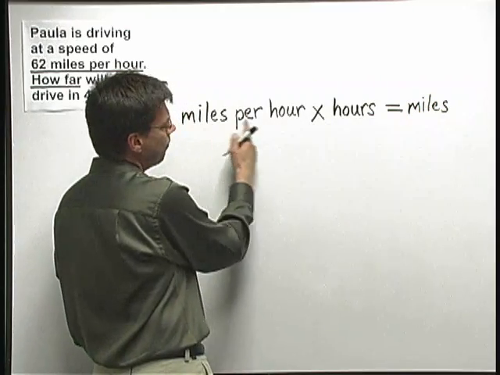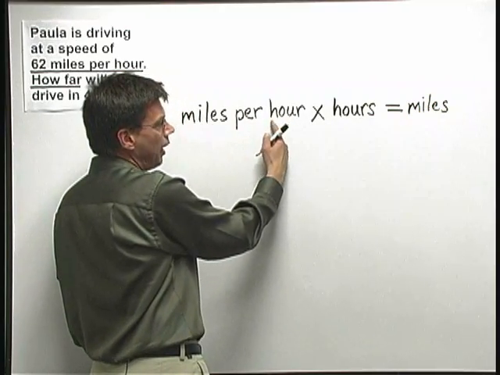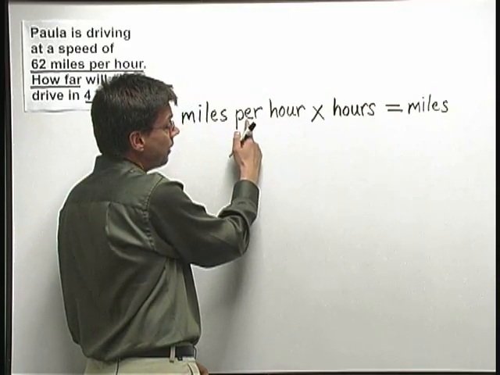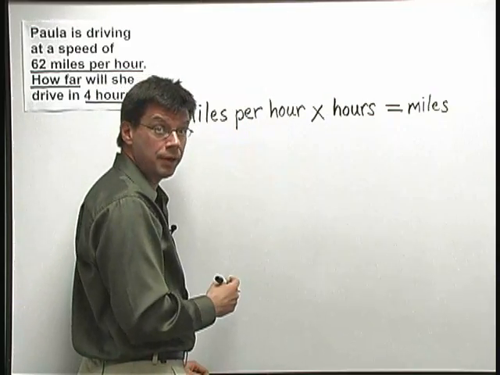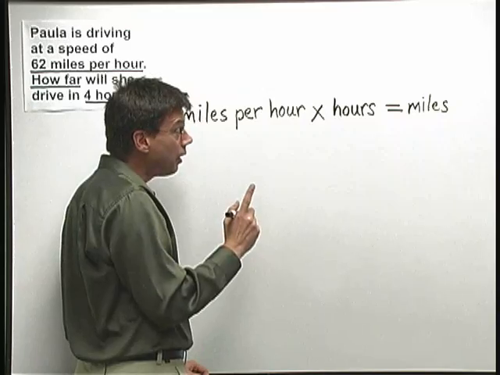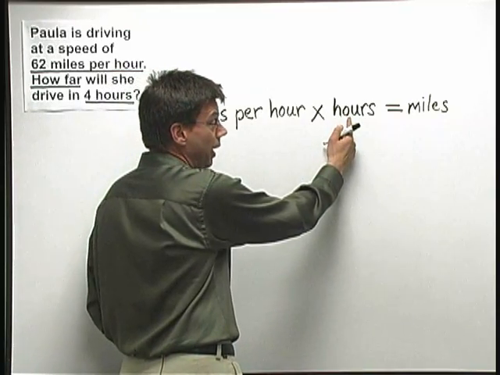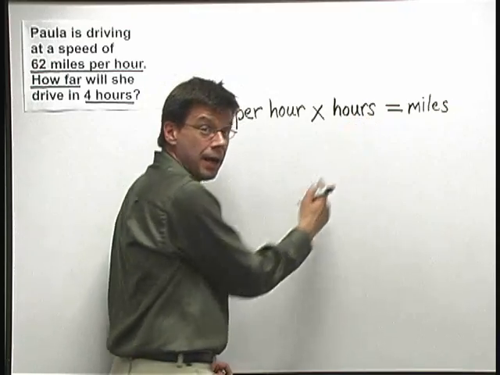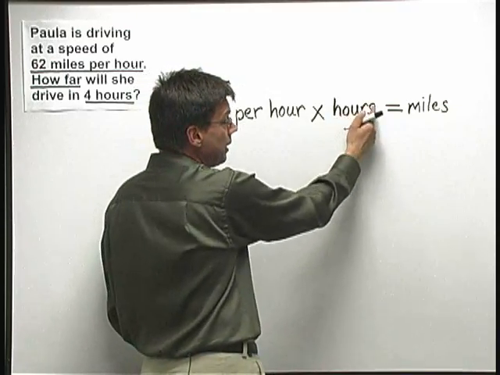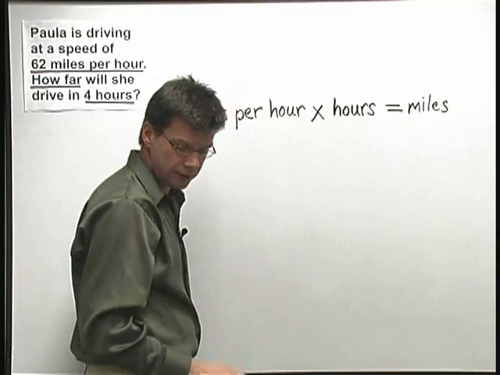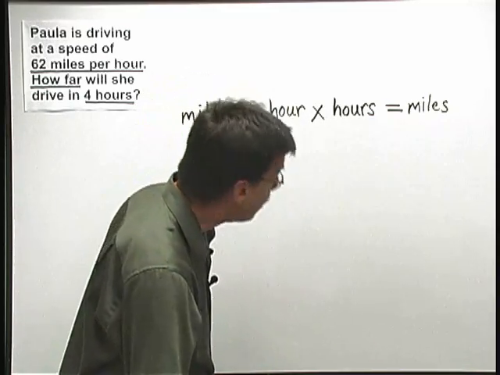When I write the rate miles per hour, I just use the word hour in the singular because miles per hour represents how many miles Paula traveled in 1 hour. But when I multiply by hours, I put an S on the end because any number of hours can go right here.